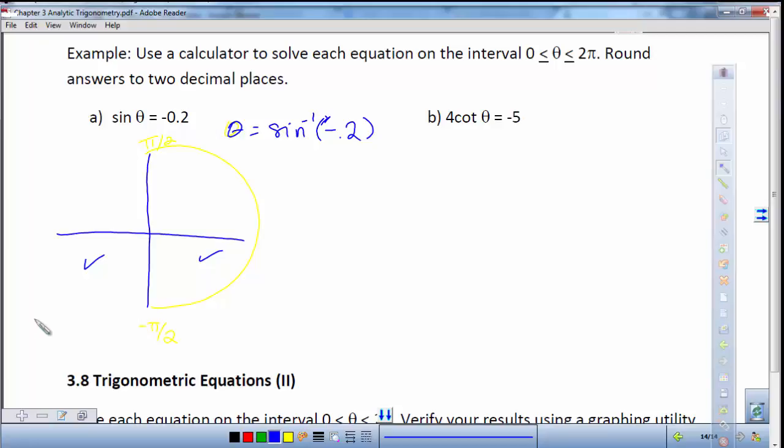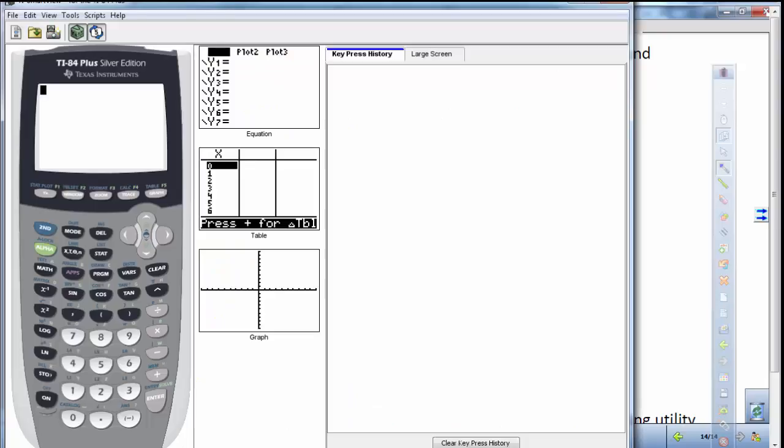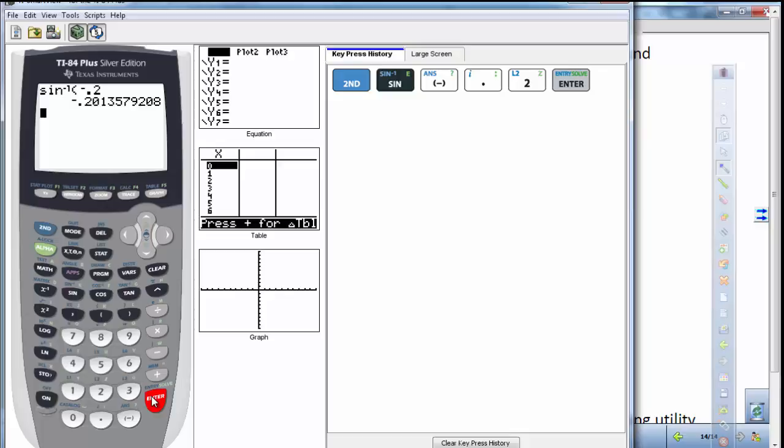From here I'm going to go on the calculator. I'm in radian mode, so I'm going to do second sine inverse of negative 0.2. It gives me minus 0.201. All right, I'm going to store that. Actually, I'm going to store negative that, so it'll be positive.